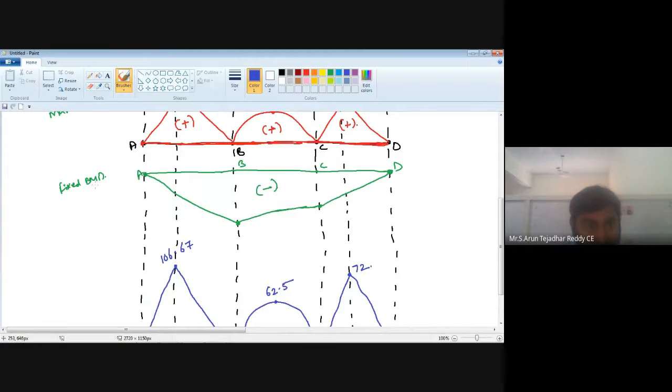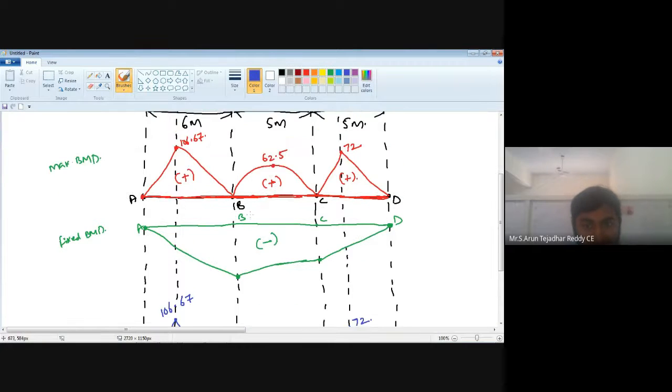Next, see the fixed bending moment diagram. Here we got negative values. So whatever the bending moment diagram here, just place over here. That's it. It means mirror the image. Whatever the fixed bending moment diagram here, just mirror the image. Place over here.